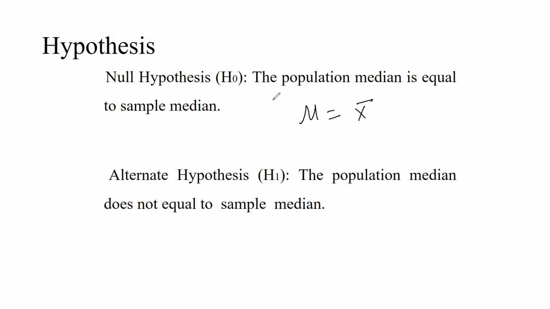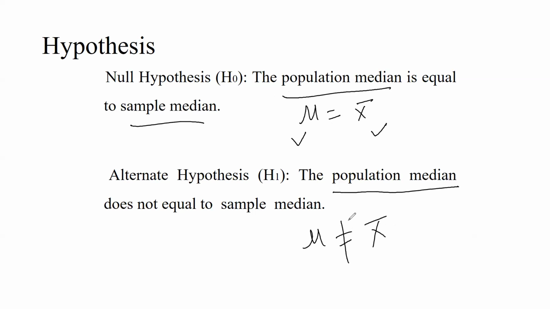In the null hypothesis, we always assume there is no difference between the population median and the sample median. The alternate hypothesis says the population median does not equal the sample median.